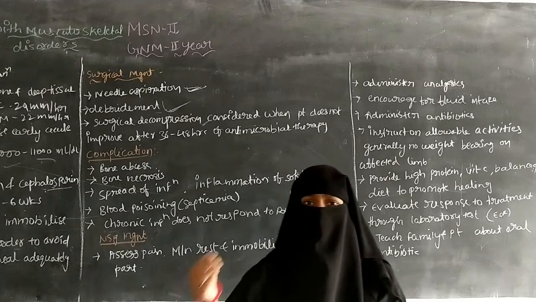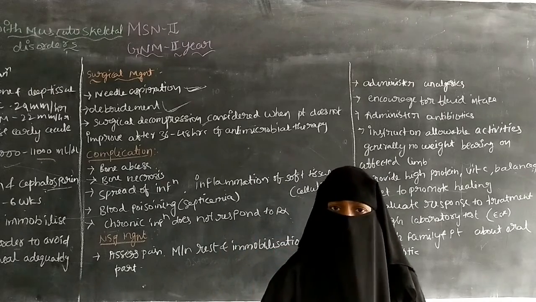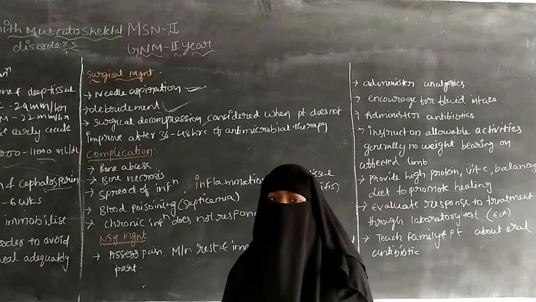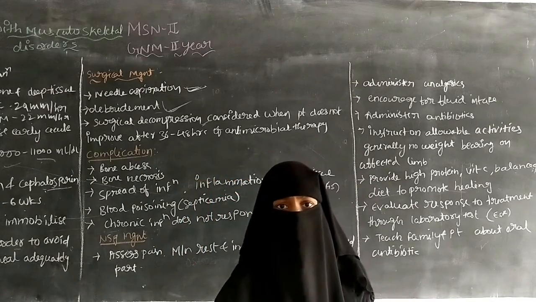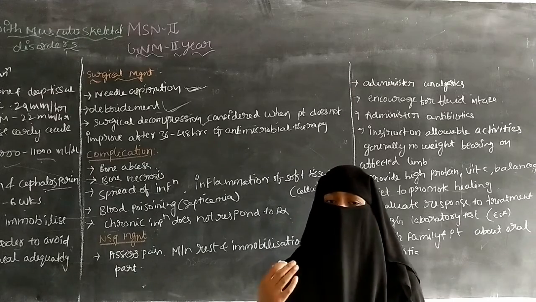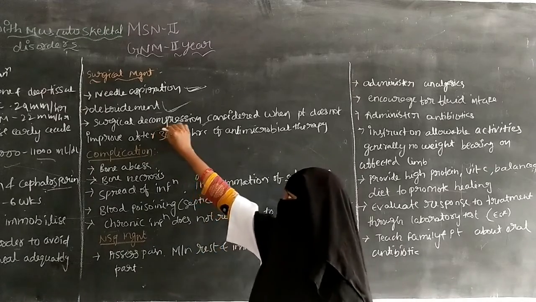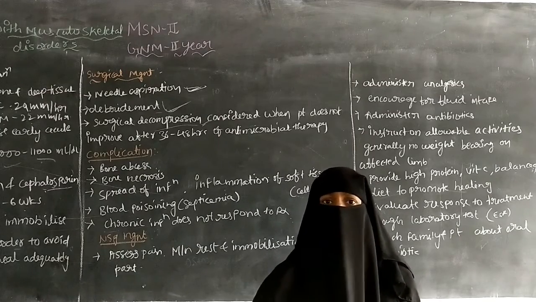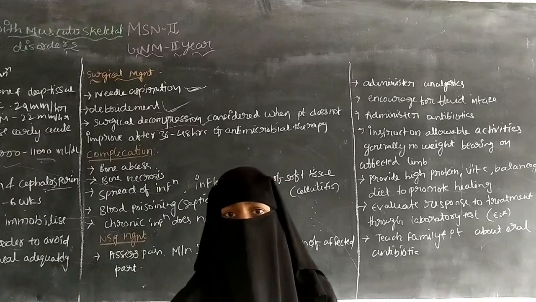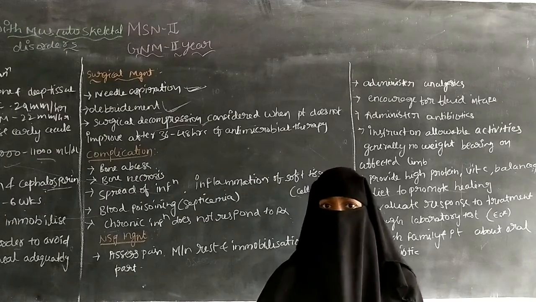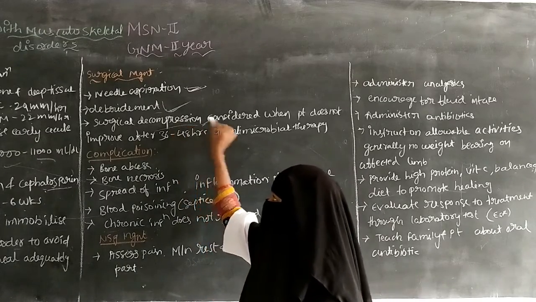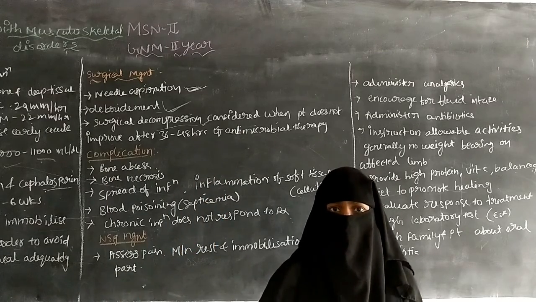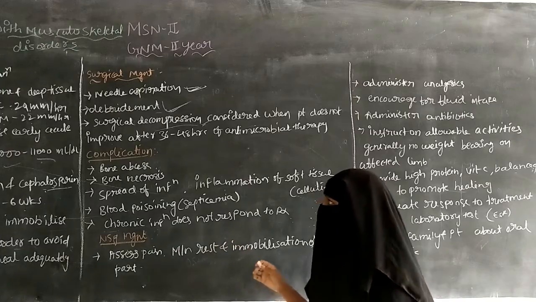So, after giving medications, if the patient is not able to respond to the treatment after 36 to 48 hours, we can go for surgical decompression. Surgical decompression means removal or repositioning of the bone in osteomyelitis.